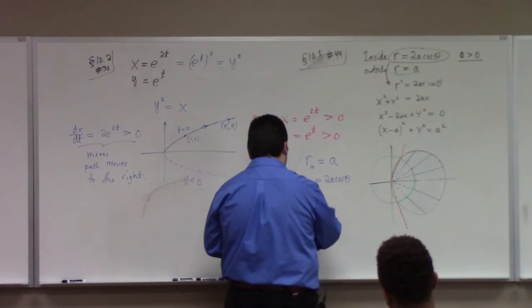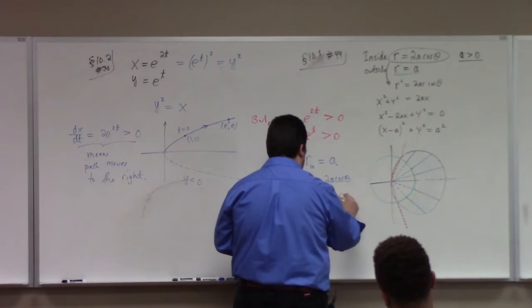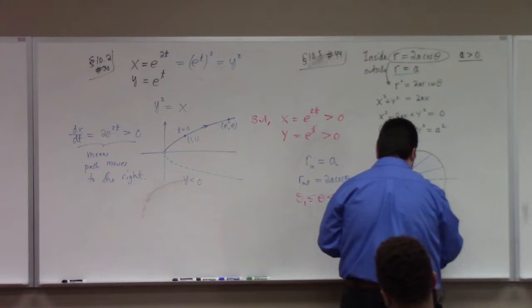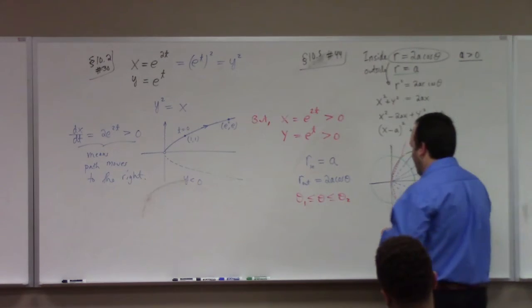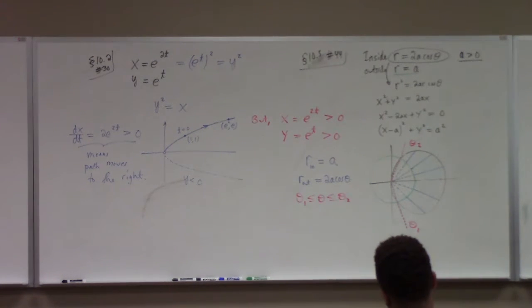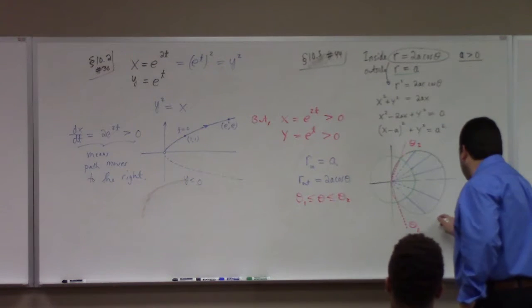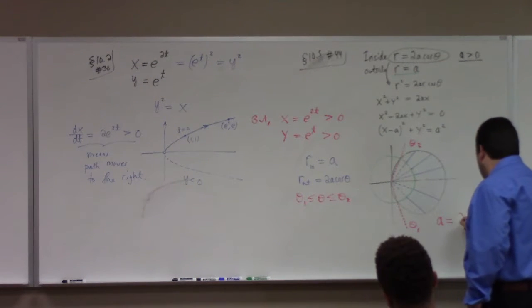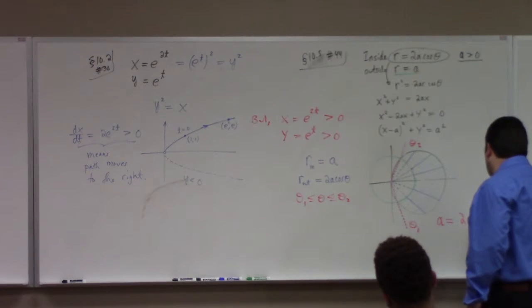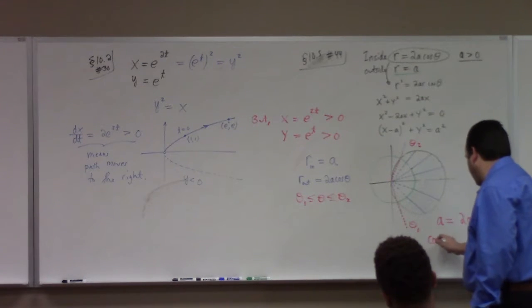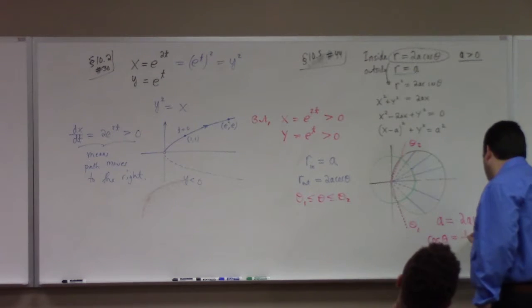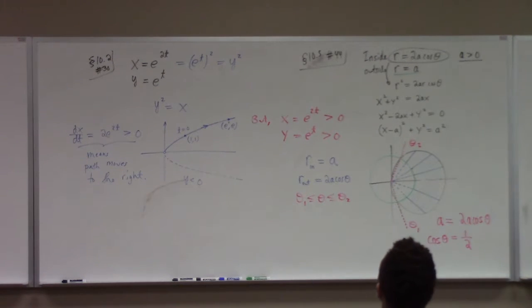So theta 1 is less than or equal to theta, which is less than or equal to theta 2. How do you find those? Those are the points of intersection, right? So that's going to be where a is equal to 2a cosine theta. In other words, where cosine theta is equal to 1/2. Which gives us plus or minus pi over 3.